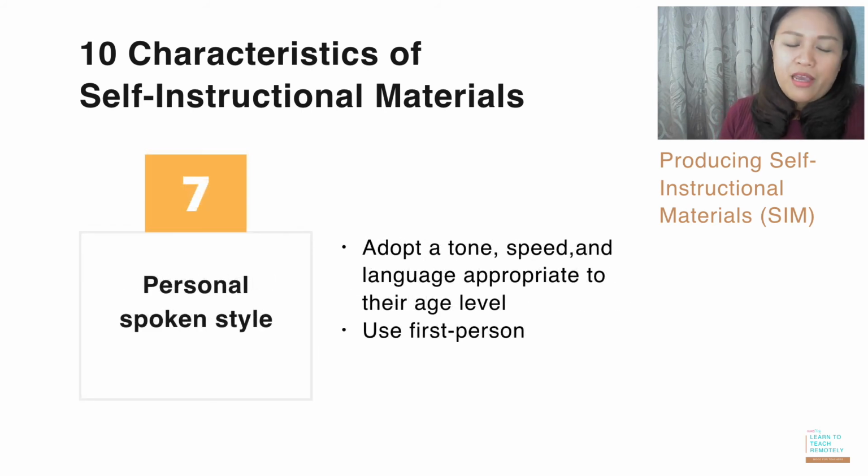Number seven, the personal spoken style. The language is not formal. So adopt a tone or language which is appropriate to their level. And when you're doing written or printed modules, use the first person. You try to talk to them through the printed material.